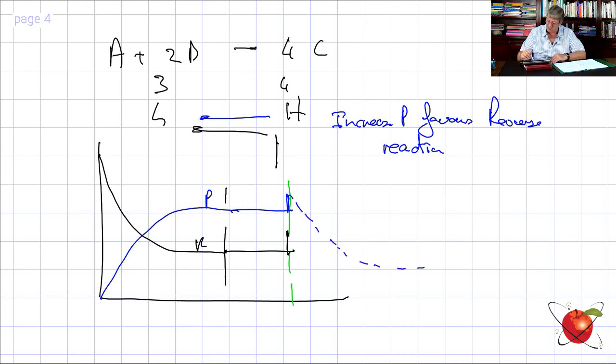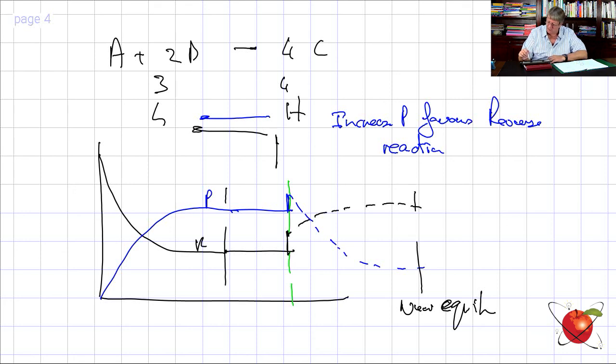My reactant goes up, black, like that. Because I'm making a reactant and I'm using up product to do it. And then I get a new equilibrium.